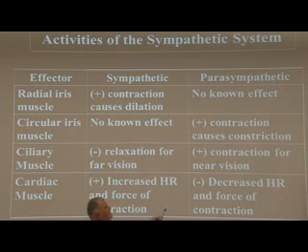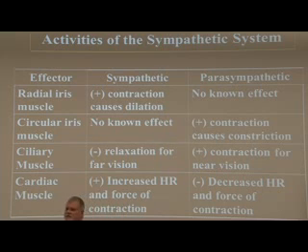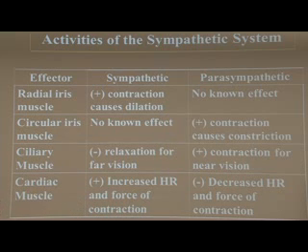And if you convert your eyes to near vision, then it's actually going to be the parasympathetic nervous system, so antagonistic systems, opposite effects. The good news is if you learn one system, then the other system is the opposite. That's the other pattern to look at. So cardiac muscle, if you're going to either fight or try to escape, would you want your heart beating faster to deliver oxygen to your muscles, or do you want it to go really slow?